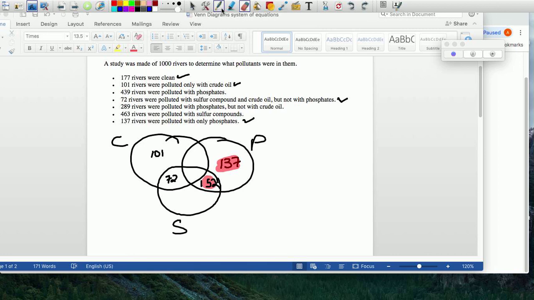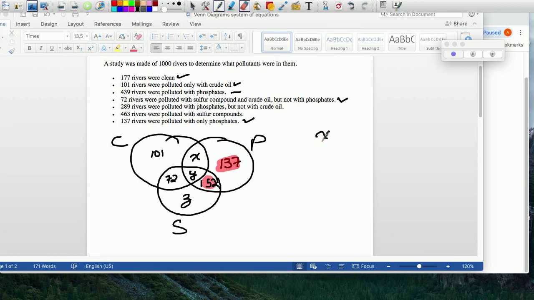Erase. Now I don't have anything else to do. So I'm going to call this an X, call this Y, and call this Z. I filled out everything that I could, and those are my leftovers. So let's talk about this one. 463 rivers have phosphates. So the rivers that have phosphates are the X, the Y, the 152, and the 137.